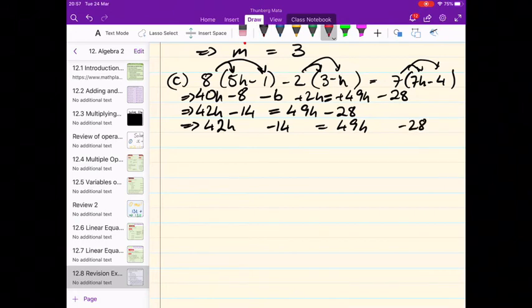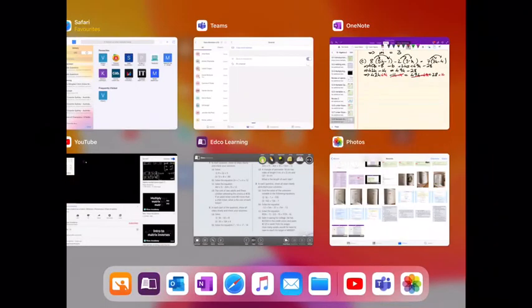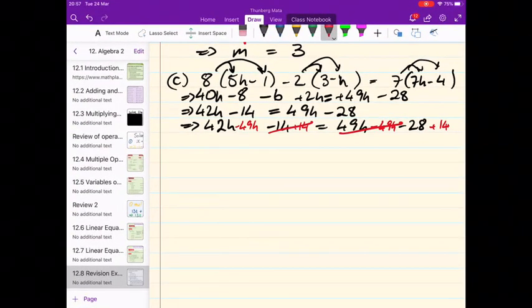So I'll have to subtract 49h there and subtract 49h there. Those two will cancel. I'm going to add 14 there, that'll cancel, but I'll have to add 14 there as well. Just got to stop hitting the back button.